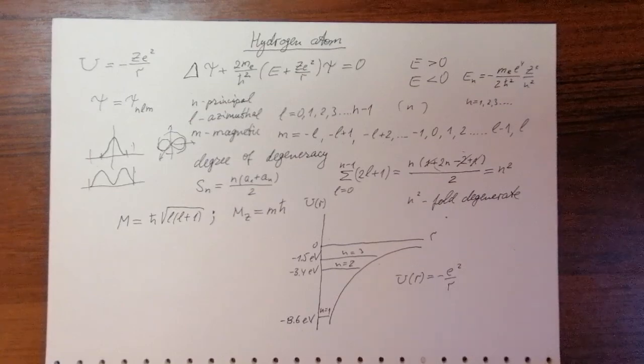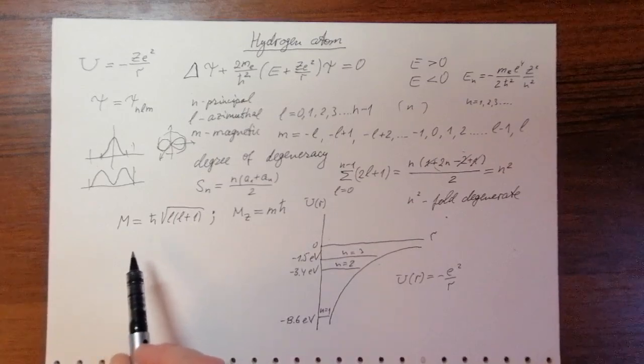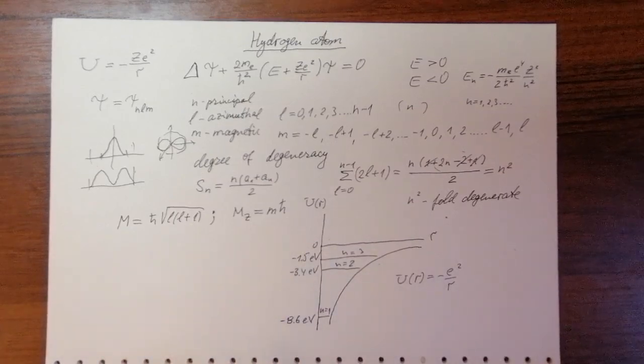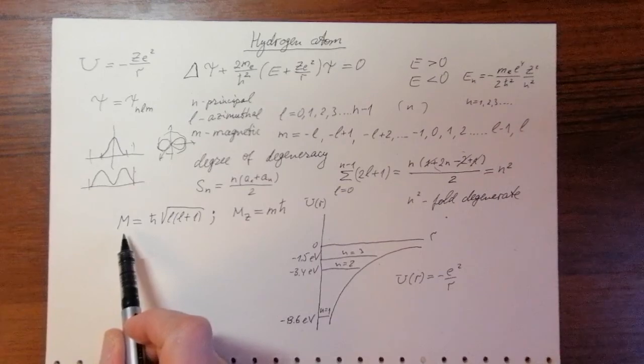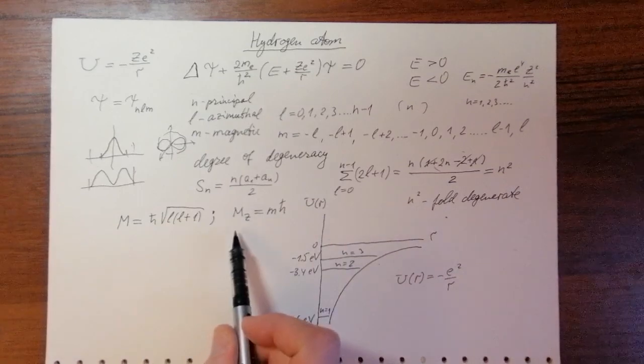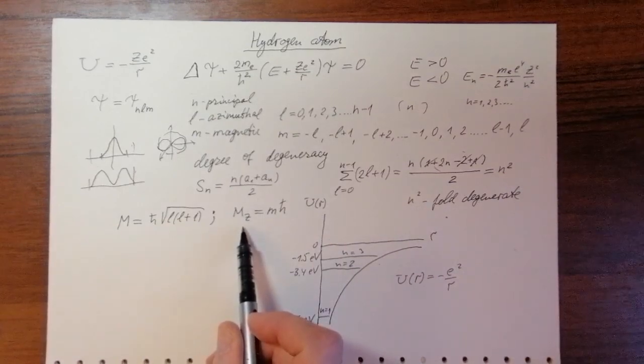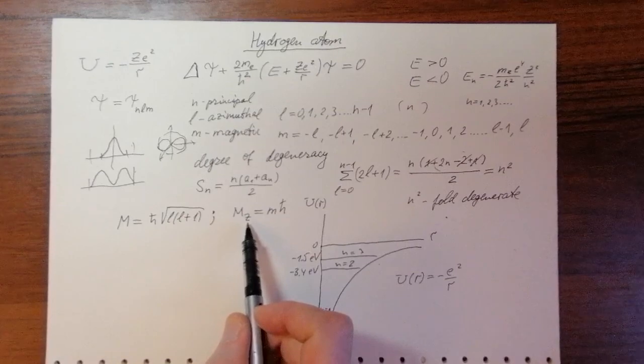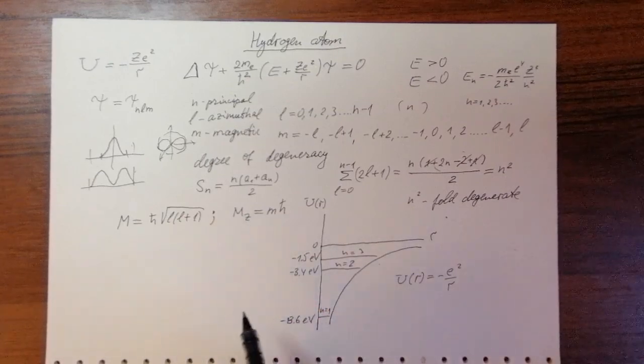In the case of angular momentum there is a similar rule, which means that we can measure simultaneously only M squared and the projection on one of the axes. It is not possible to measure simultaneously two projections of M.